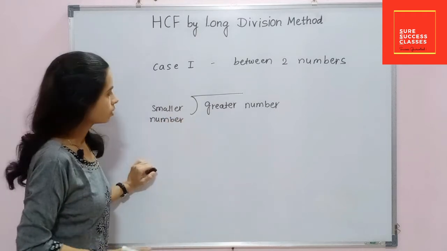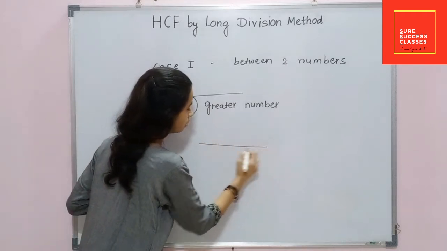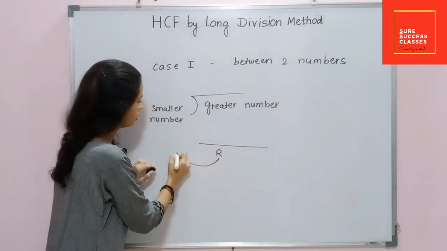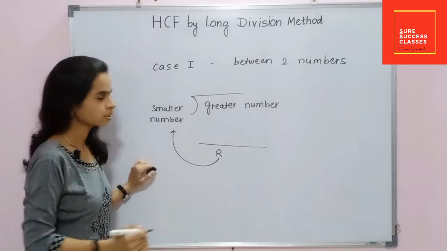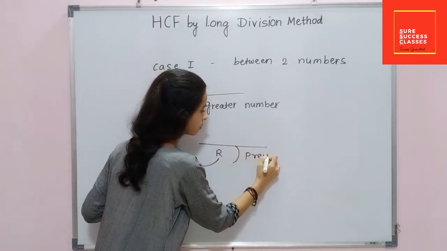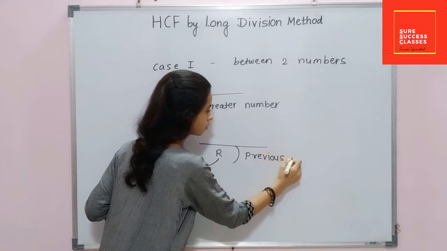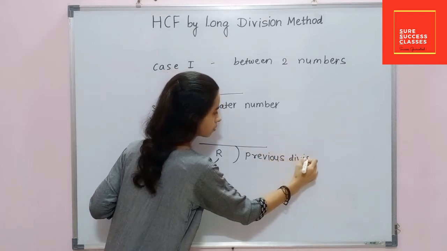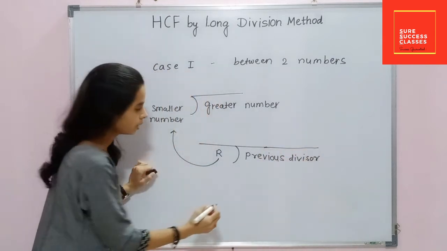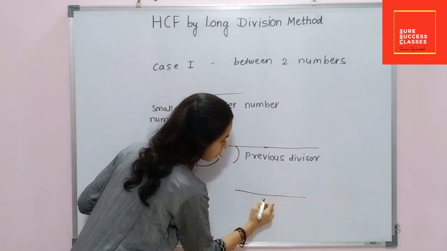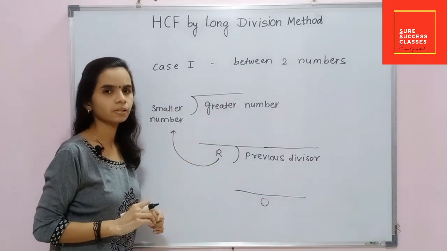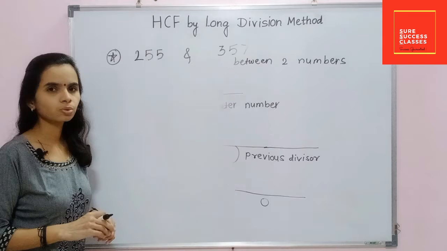And if we get a remainder, we will divide the previous divisor by that remainder. When we get remainder 0, the last divisor is our SCF. We will see this through an example.